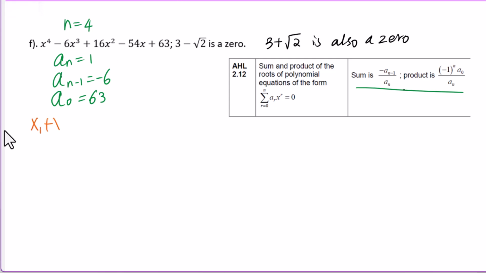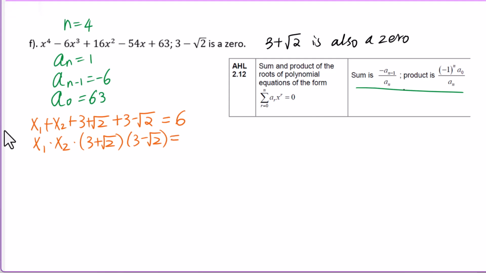x1 plus x2 plus 3 plus square root of 2 plus 3 minus the square root of 2 equals 6. x1 times x2 times (3 plus square root of 2) times (3 minus the square root of 2) equals negative 1 to the 4th power times 63 over 1.